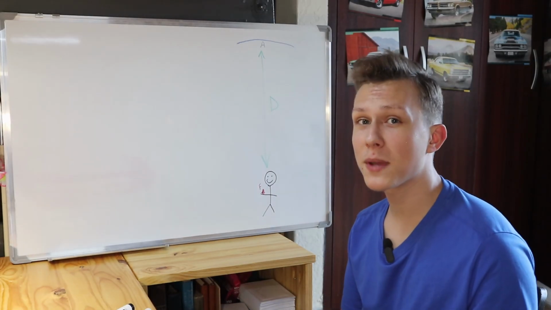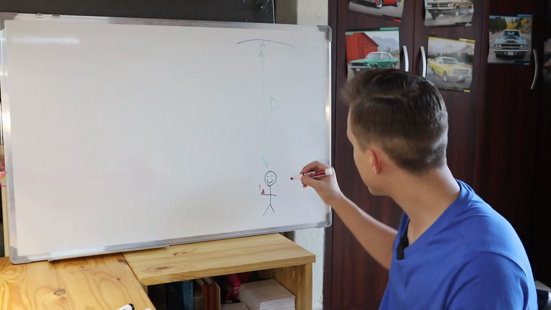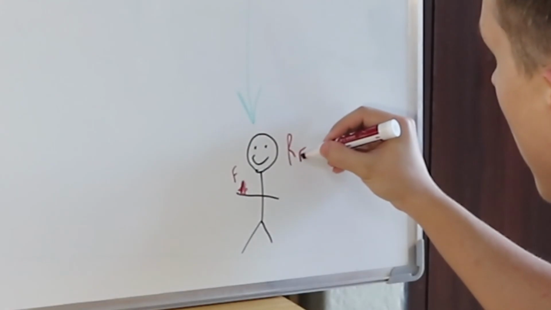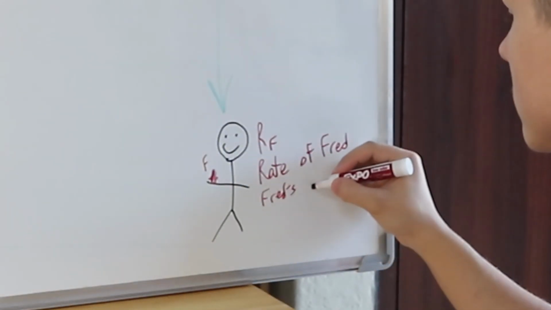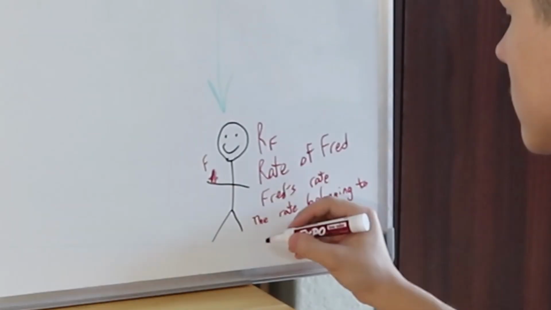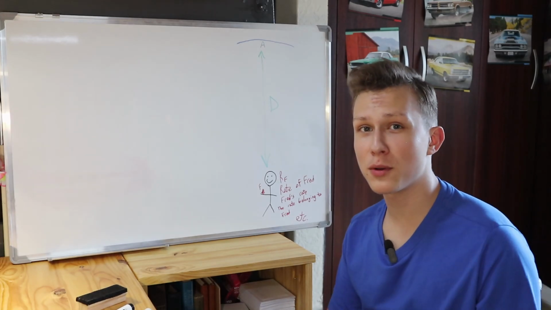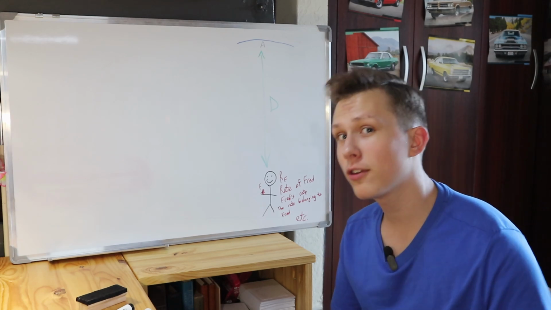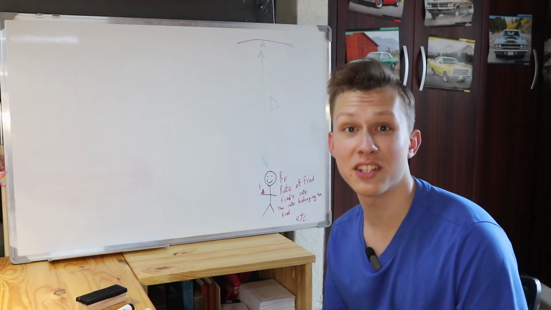Now, there's something else we have to take into account when we're calculating for Fred, and that's R of F. That's the rate of Fred, or Fred's rate, the rate belonging to Fred, etc. In the equations I'm going to be doing, R of F is Fred's speed upwards, because we don't really care about how fast he's falling.